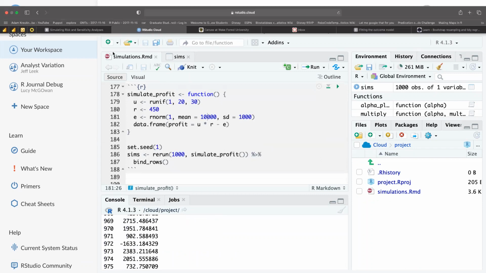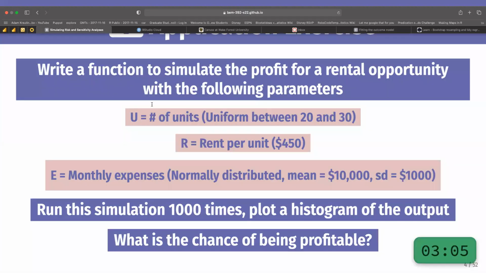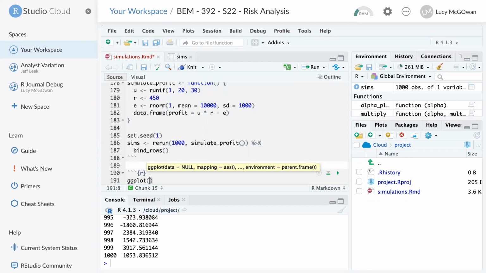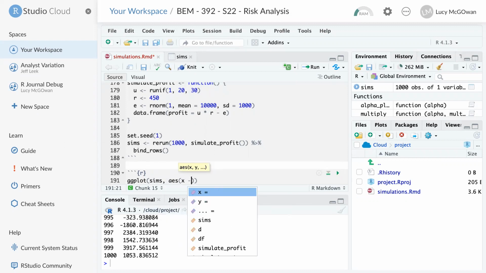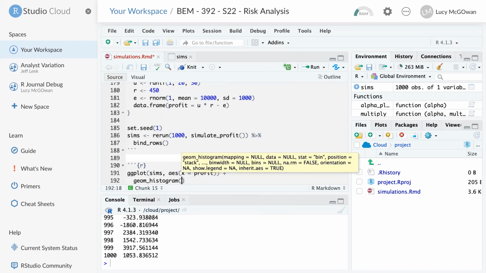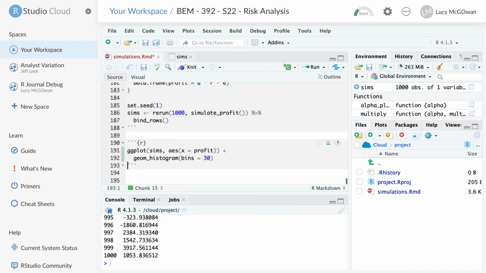All right. And so to make a histogram, I can take my Sims data and use ggplot. X-axis is going to be profit. And now I'm going to use geom histogram to make a histogram. I'll use 30 bins.